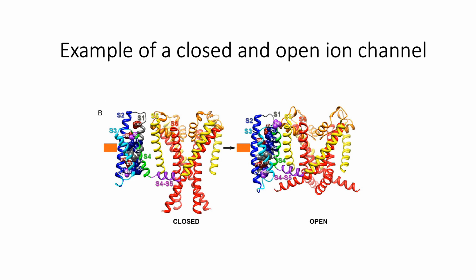Now, there's been a lot of attention on the ion-gated channels because it turns out that one disease, which has been very well studied, which is cystic fibrosis, is actually due to a defective chloride channel.